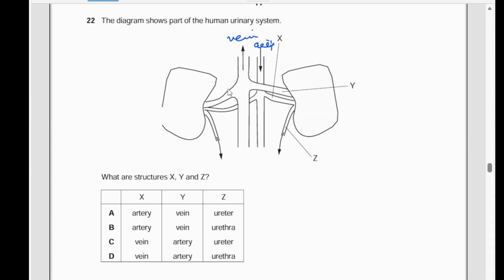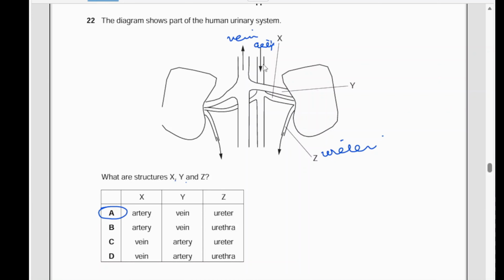What are the structures X, Y, and Z? Z is simple, this one is the ureter. What would be X and Y? Artery, vein. So the answer is A.